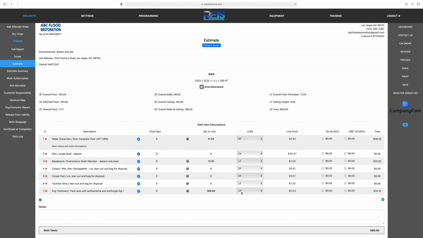The only difference with cubic feet, remember, is you must fill in the linear foot ceiling height, in other words, from floor to ceiling. So this is 9 foot high in linear foot. That's how these calculators work for quantity or unit.